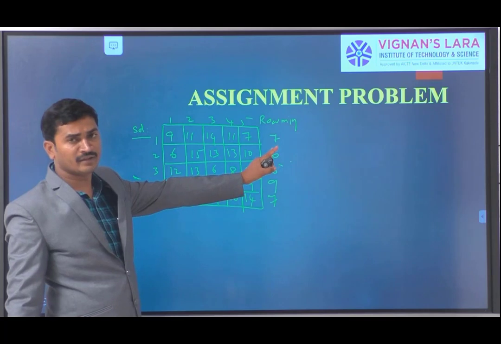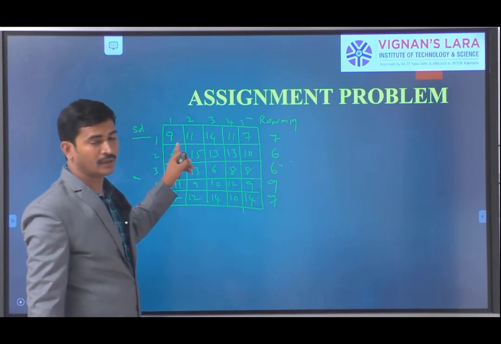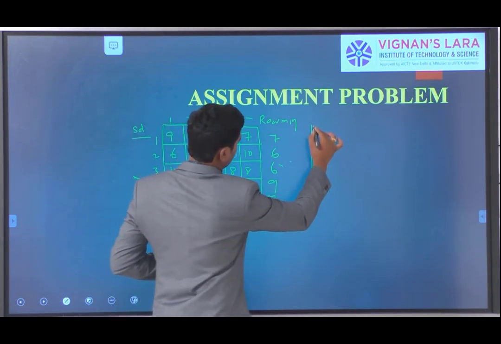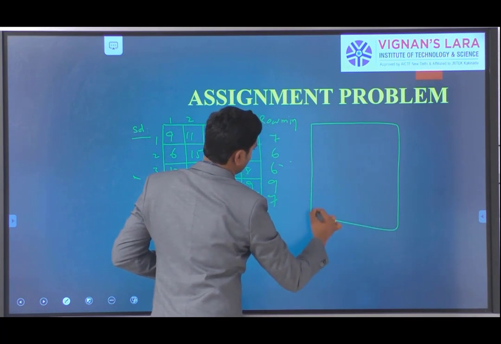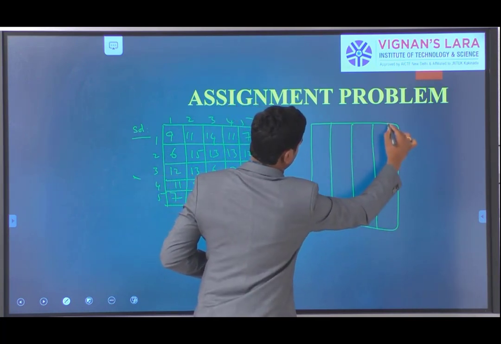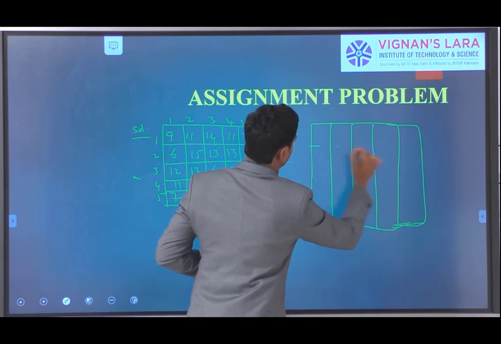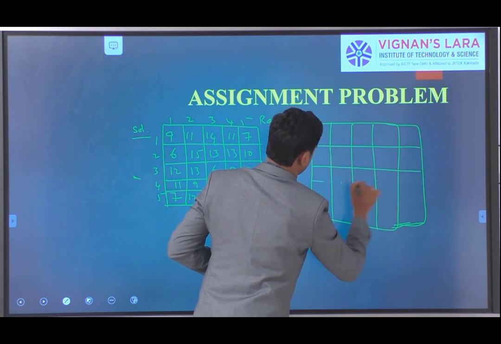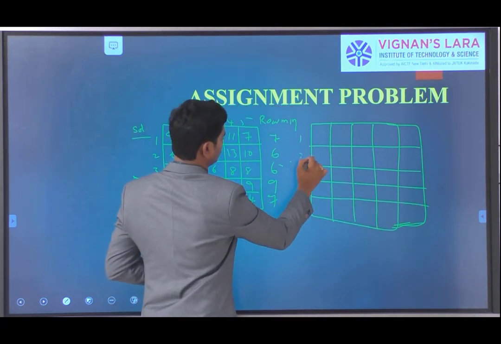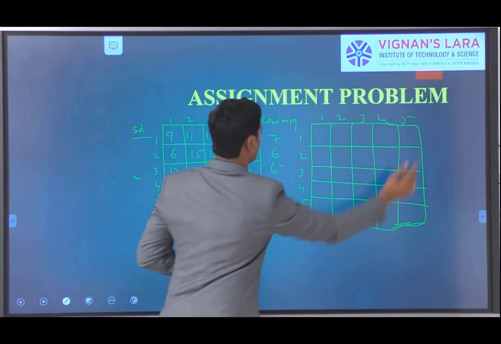After identifying the row minimum, we have to subtract that row minimum value from that particular row.